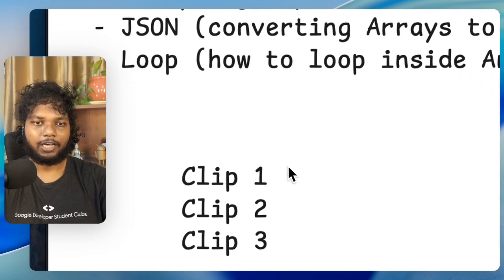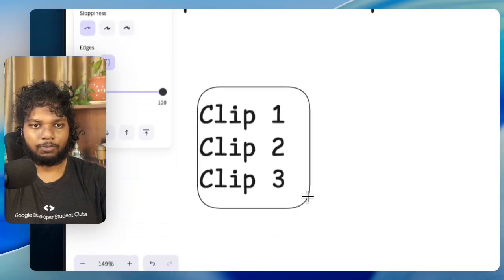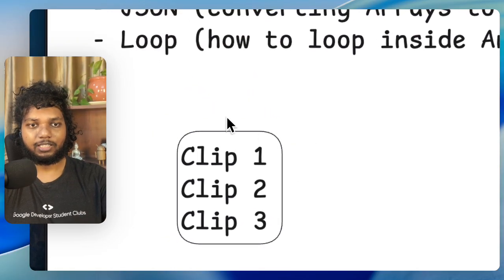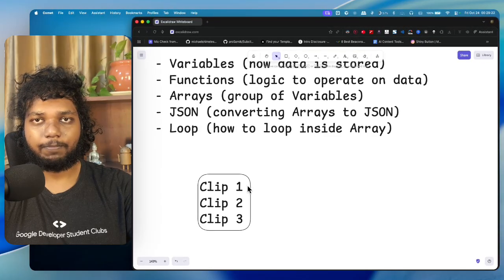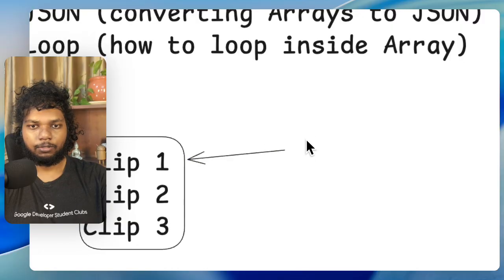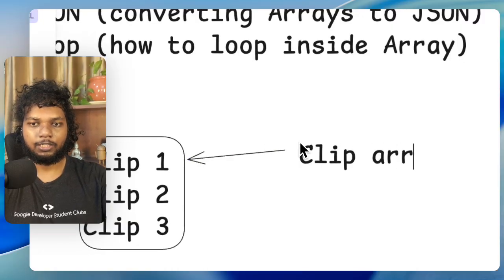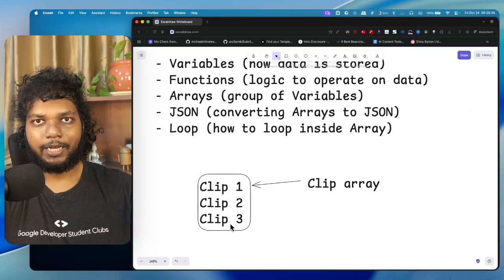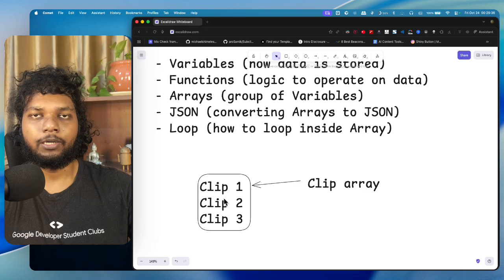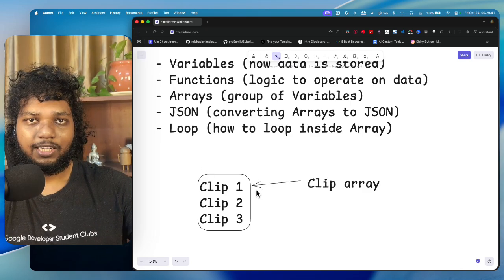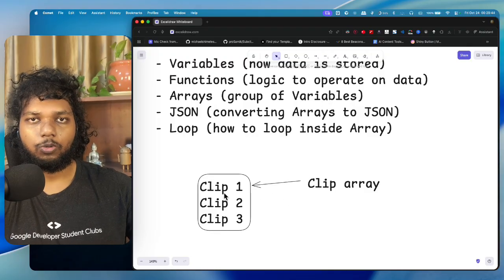Maybe this is a clip array which contains 3 clips, and I will ask the loop: whatever clips are present in this clip array, merge them into one video. So this is one example of a loop. Instead of going through each clip manually, you ask a loop to do it automatically.